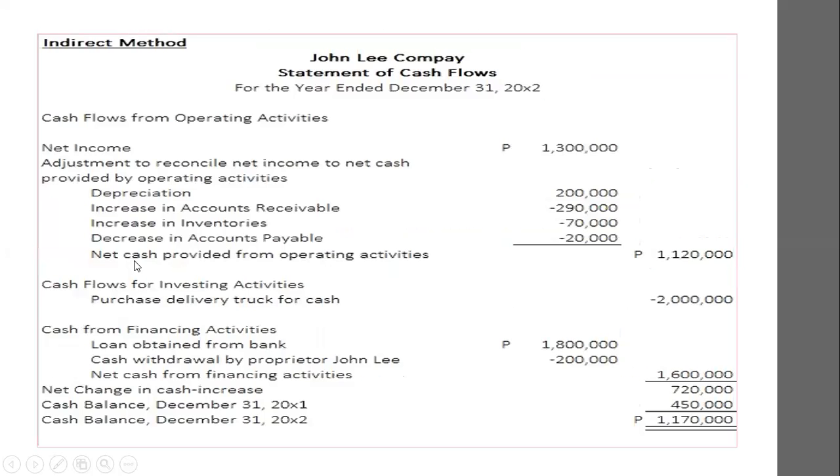Then, yung withdrawal na 200,000. Okay? Loan obtained from the bank, nag-increase po yung cash natin under financing activities. Kaya, positive sign po siya. Increase po yan, so inflow. Then, yung cash withdrawal, pag naririnig niyo po yung mga withdrawals or drawings, ili-less nyo po yan.